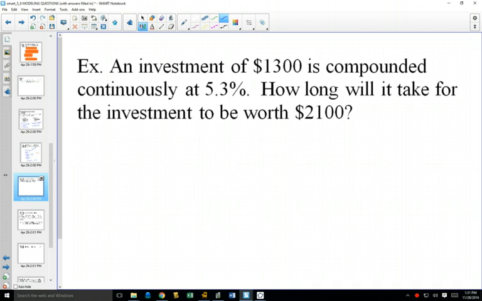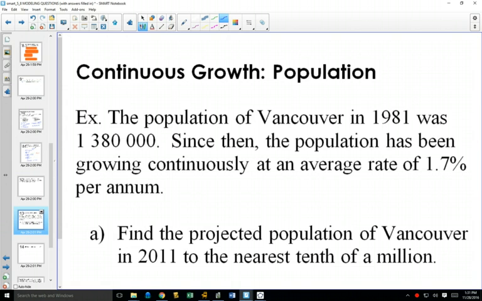I'm going to leave this one for homework, and we'll probably get some time at the end of class to work on that. And now we are going to look at continuous growth when it is more often used, and that is in population.